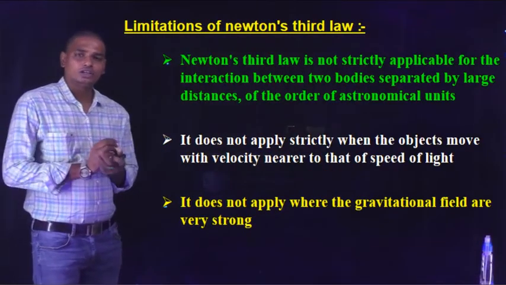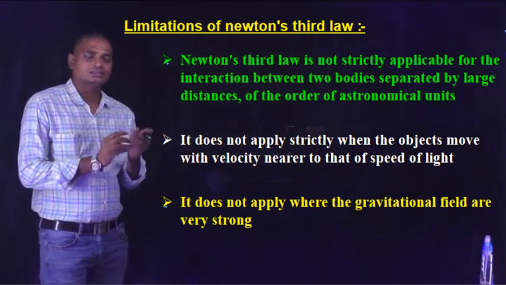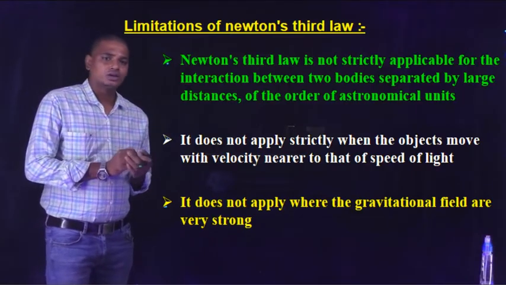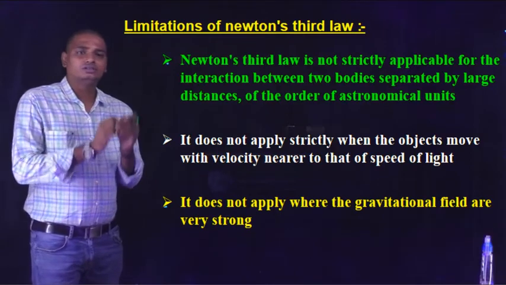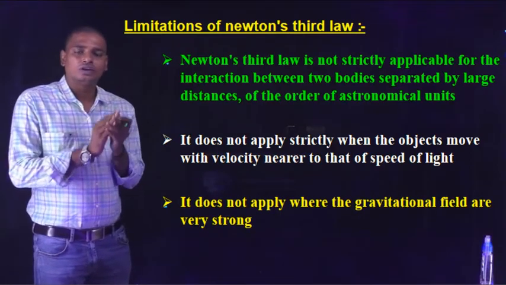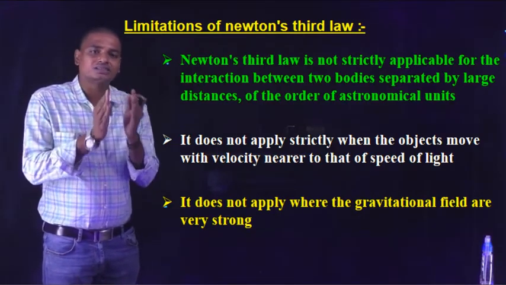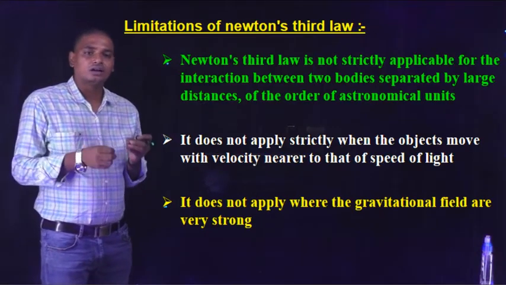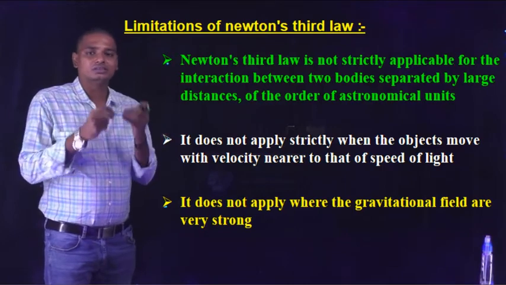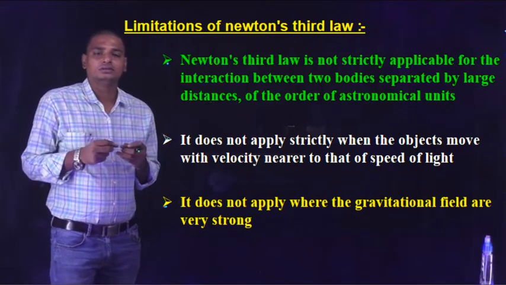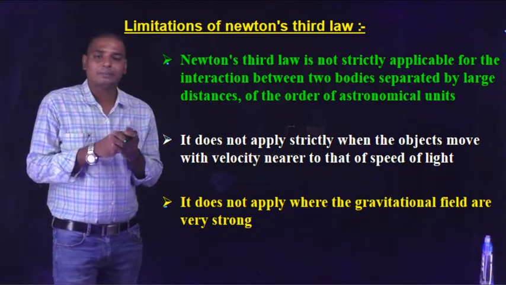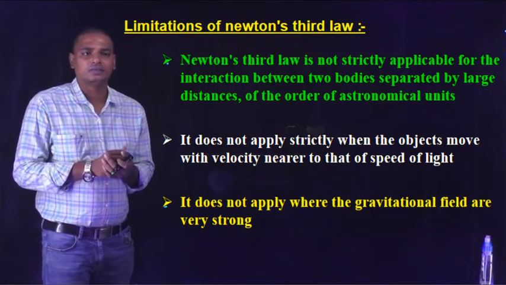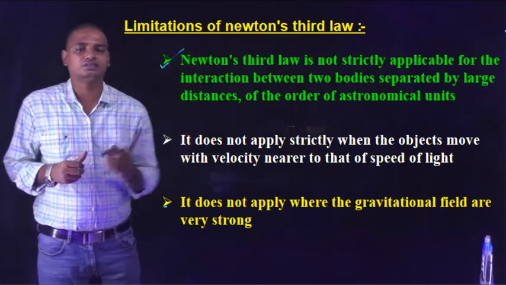Before going into some examples, let us see the limitations of Newton's third law. Newton's third law is not strictly applicable for interaction between bodies which are separated by a very large distance, in the order of astronomical units, that is light years. So it is the first limitation.